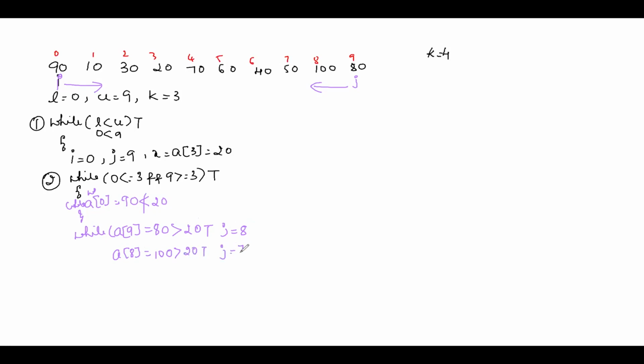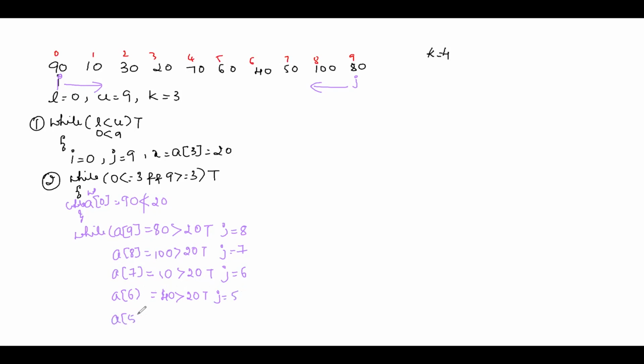Hence, I will reduce j to 7. Next, a of 7, which is 50, is greater than 20. Yes, so I'm decrementing j. Next, a of 6, which is 40, is also greater than 20, so reduce j to 5.